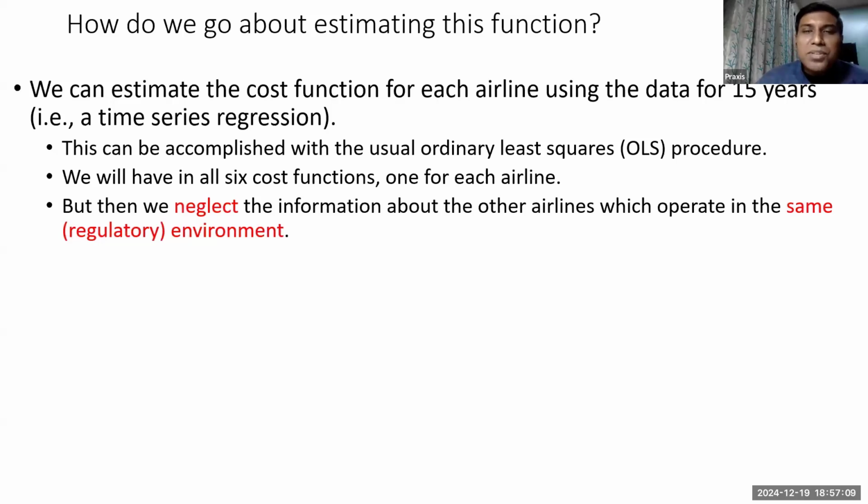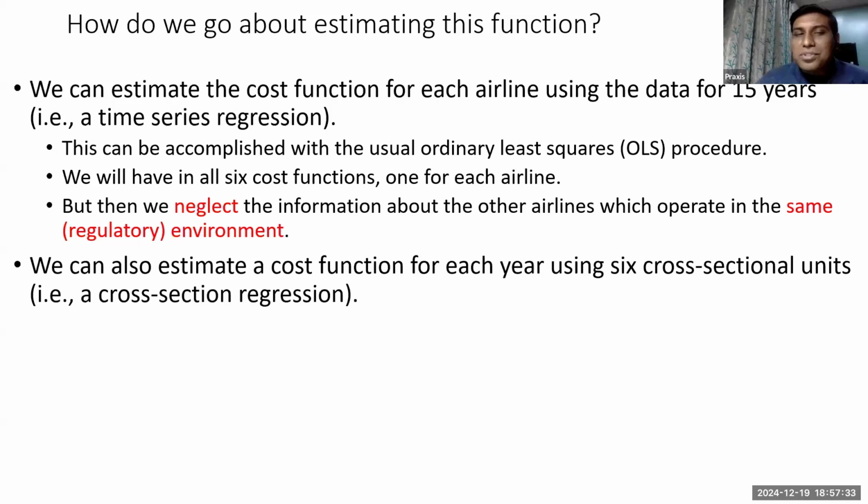Because we are neglecting information about the other airlines which operate in the same regulatory environment. I'm just having 6 different cost functions for 6 different companies, but they are working in the same industry. So that dynamics is not getting captured in this approach. So this is not the right approach.